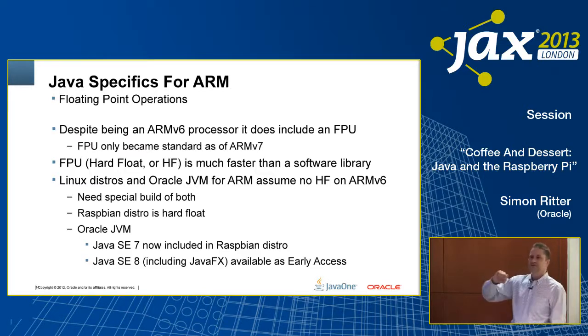You can also get Java SE 8 as an early access, so if you want to use Lambda expressions and nice things like that, you can. That also includes JavaFX. The Java SE 7 version doesn't include JavaFX, but Java SE 8 does. That way you can do graphical things, which I'm going to show you a demonstration of in a little bit. So that was basically the thing we had to do there: recompile stuff.